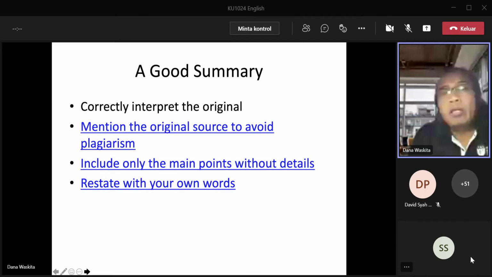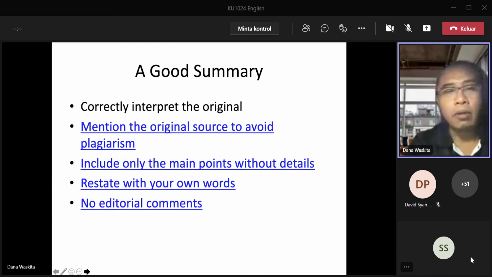Meaning that you need to paraphrase the sentence, yeah, or the words that you got from the article itself. That is the fourth rule. And the last one, you are not expected to give any comments in your summary.